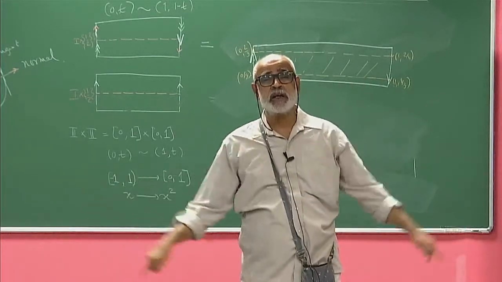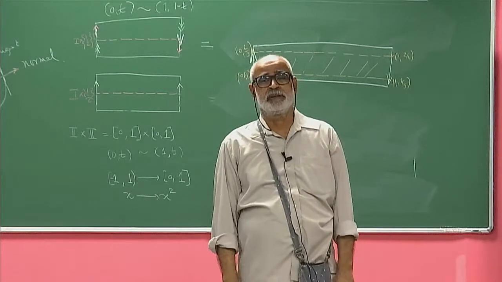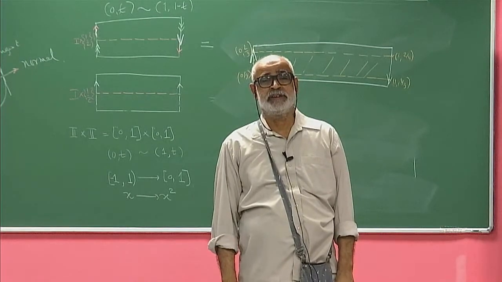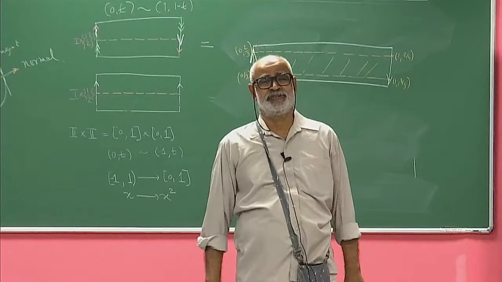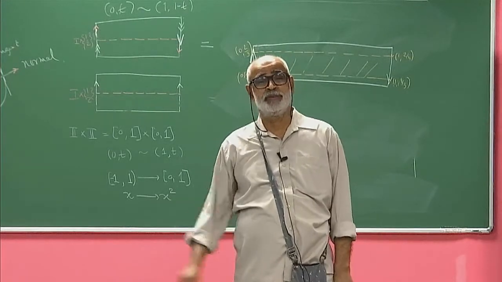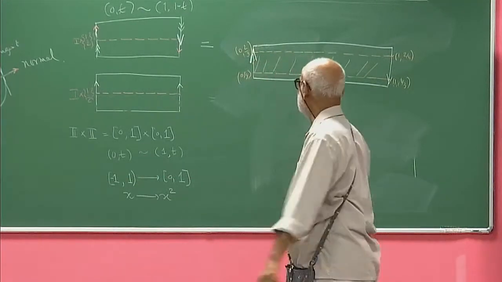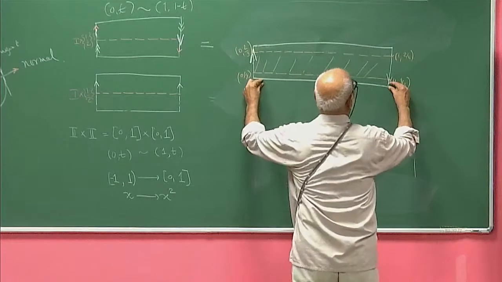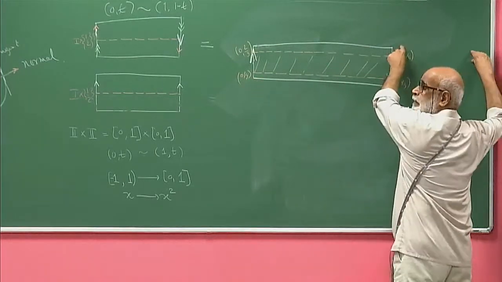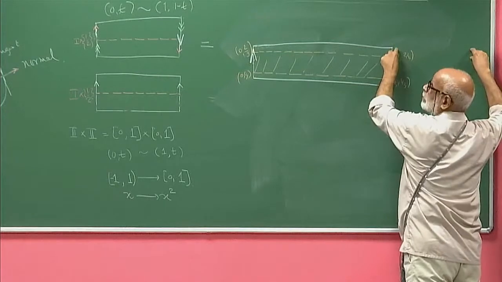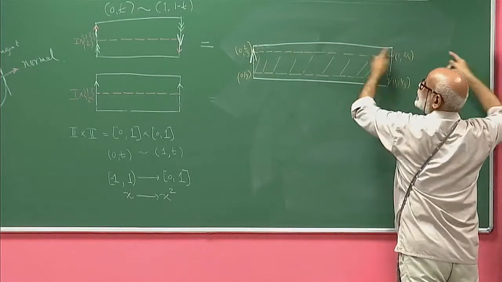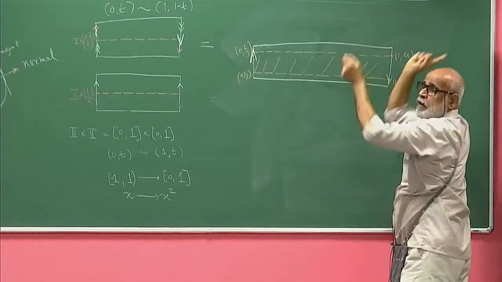What happens to the cutout part? That is an ordinary cylinder now. You can see that, which I have explained earlier also. You can take this one as a different strip here, put it here. You have to make a twist, and then what you identify is just ordinary identification.